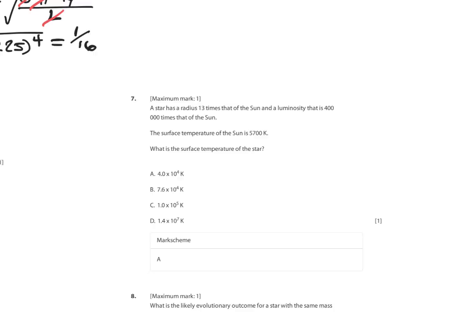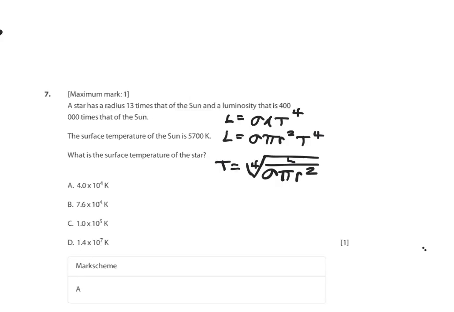So that's B. Number 7, we are comparing a star and the sun. The things we're comparing are radius, luminosity and temperature. So let's go back to the formula for luminosity versus temperature. Temperature is the fourth root of luminosity over Stefan-Boltzmann constant times pi times r squared.